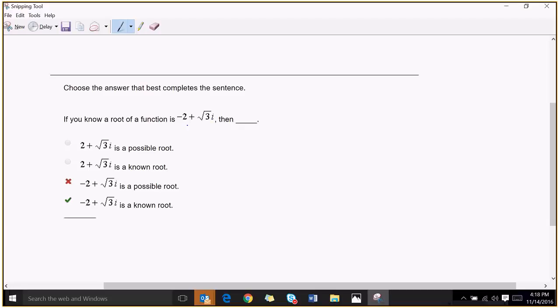So see, this is one of those imaginary numbers, right? So that tells us that we have to have another root, which is its conjugate, because the imaginary numbers come in pairs. So you have to have another root that's -2 minus square root of 3i.